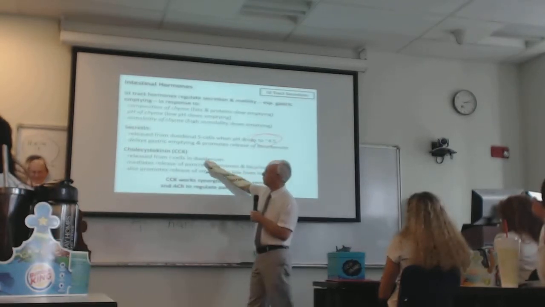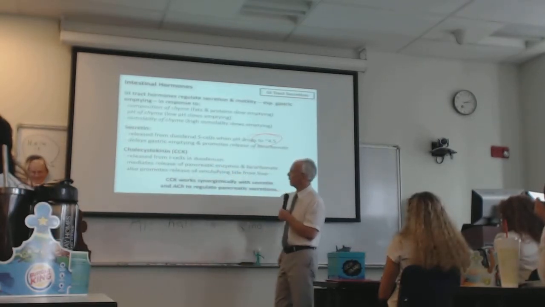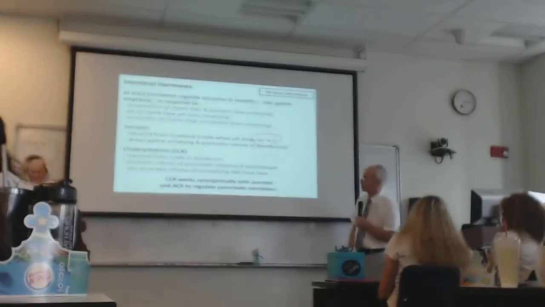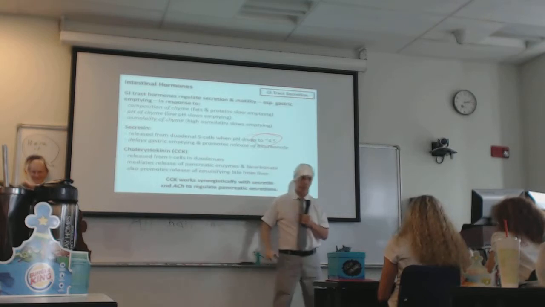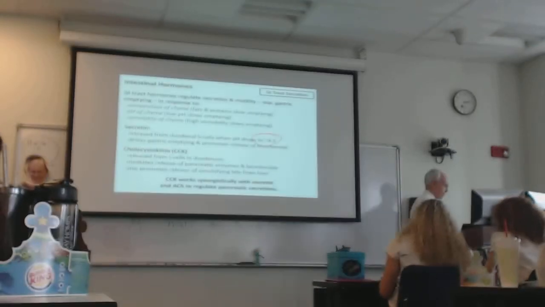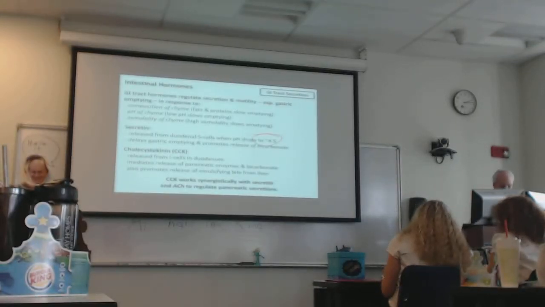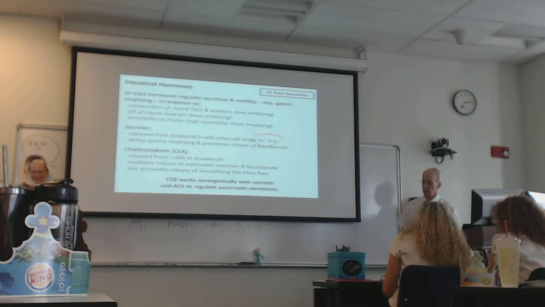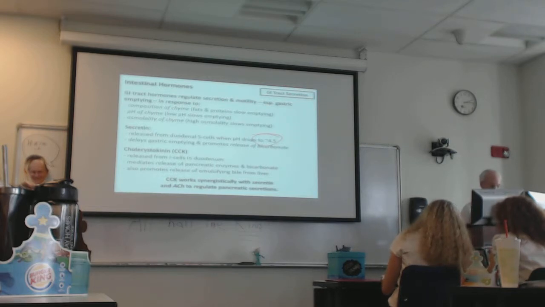CCK does the same thing. It also acts to moderate gastric emptying, but it also does something else. It triggers release of bile into the duodenum. And the bile, I think we've talked about it before, acts as an emulsifier of fats. It basically facilitates the ability of lipases to access the fat.